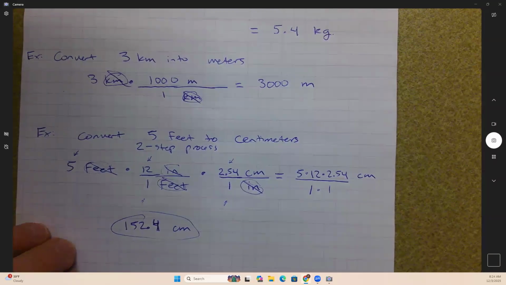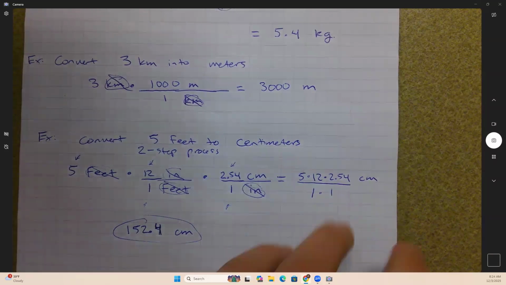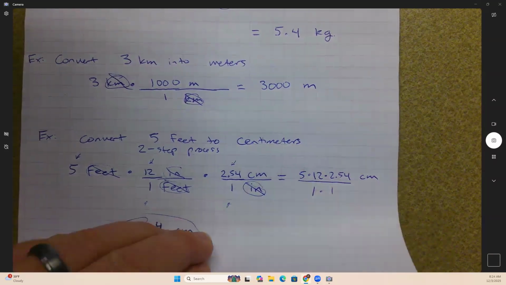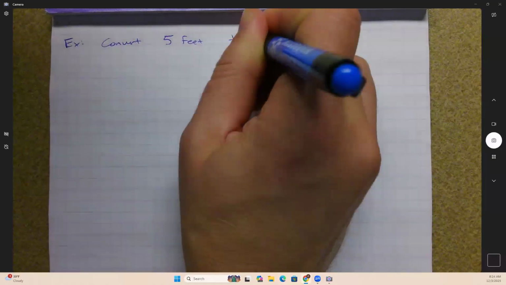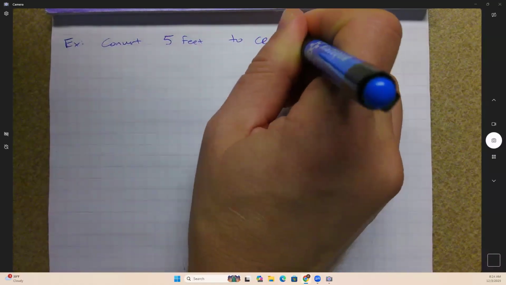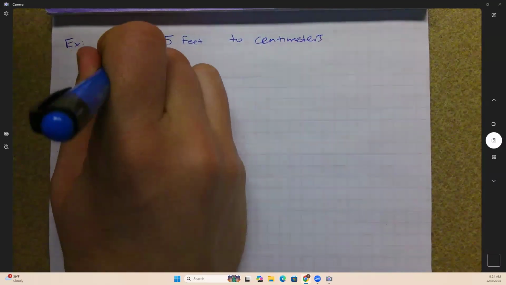Just for fun, let's do that a different way. Because maybe part of this is deciding which conversions make your life the easiest. Based on the information I have in my table, if I want to convert 5 feet to centimeters, which we did by going to inches and then to centimeters, I'm going to do this just for fun.